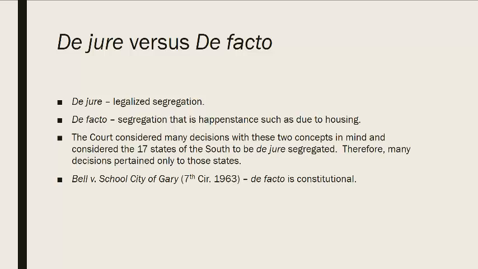When we're talking about school segregation, de jure segregation means that there was law in place and that the schools were segregated based upon law. De facto segregation means that there was no law in place, that it was something other than that, such as housing patterns that created neighborhoods that were separated by races.